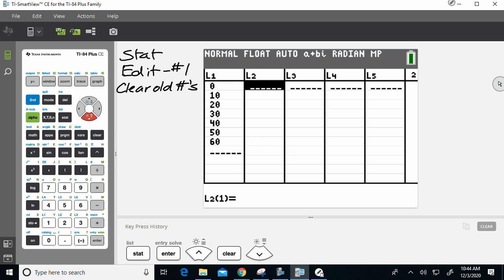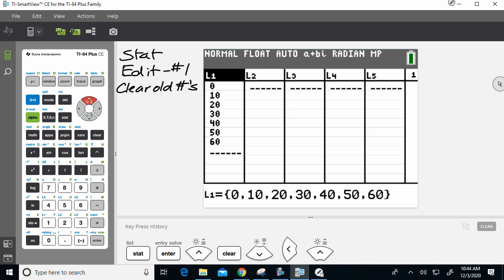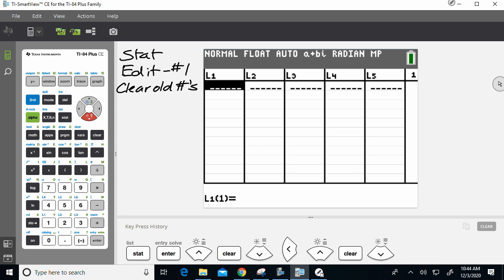And then move back in. Do that for both columns. Do not press delete. You hit delete, you're going to delete the column. So do not press delete. You press clear.